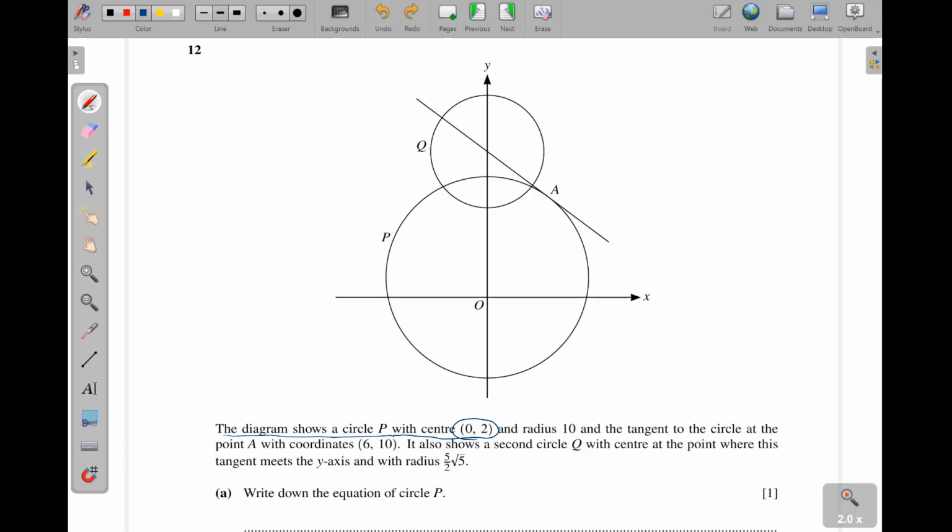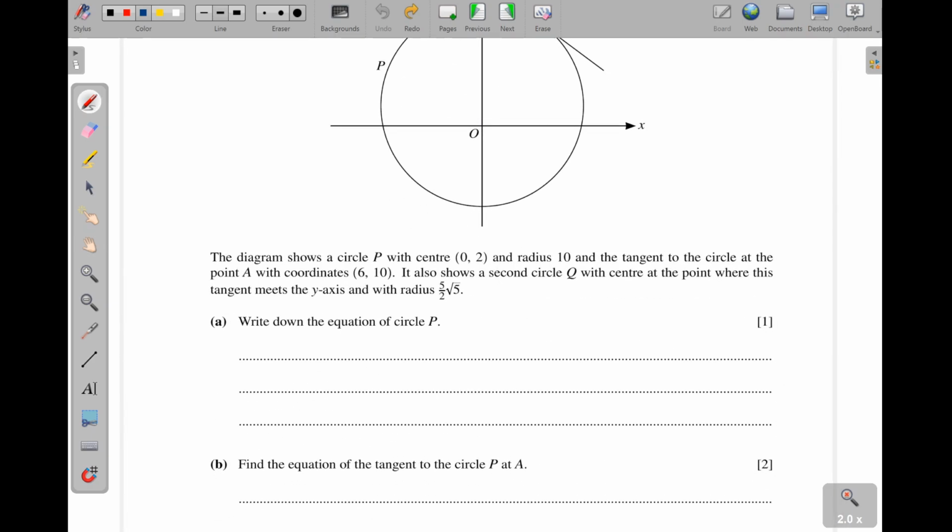Okay. Now the equation of the circle, we know that it is given by (x - a)² + (y - b)² = r². Now, if the center is this one here, that means we shall have (x - 0)² + (y - 2)² = 10², because the radius is 10.